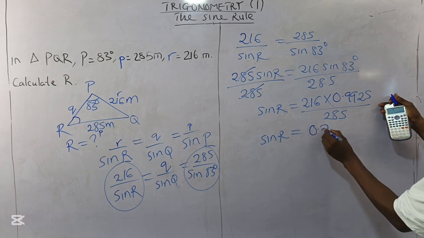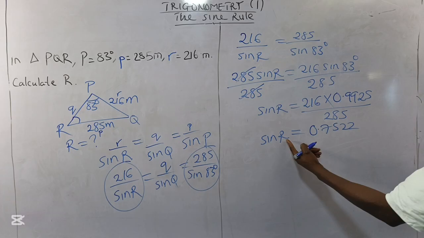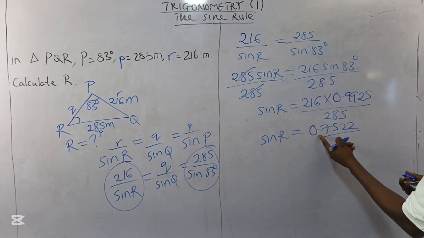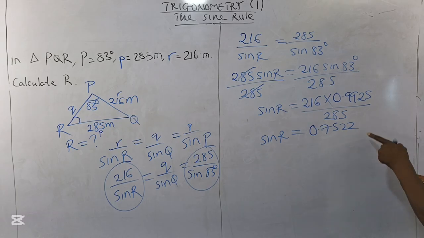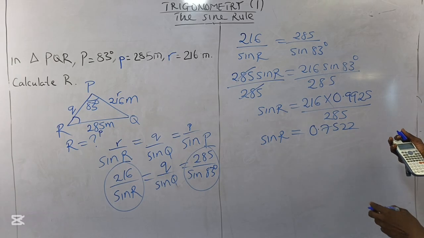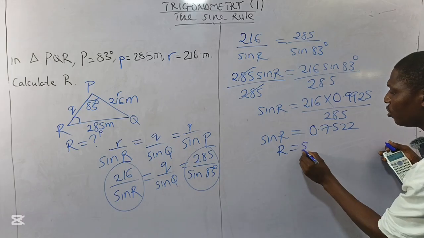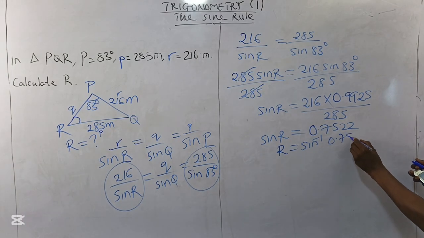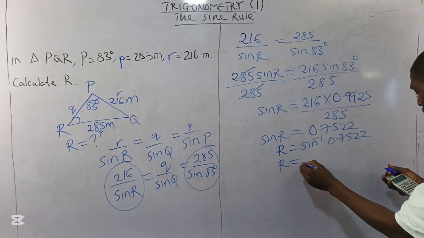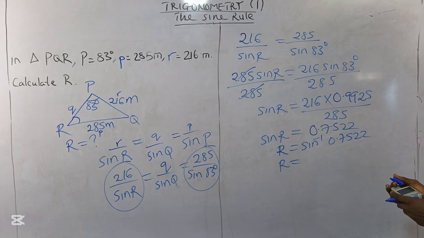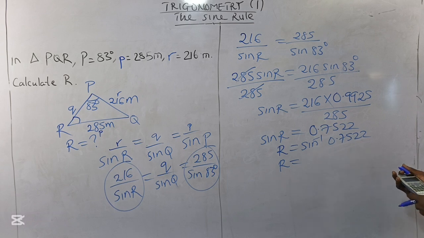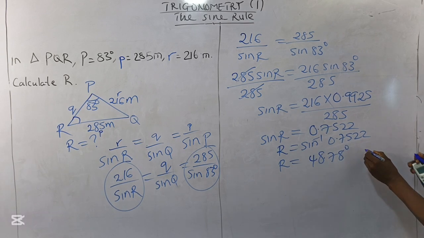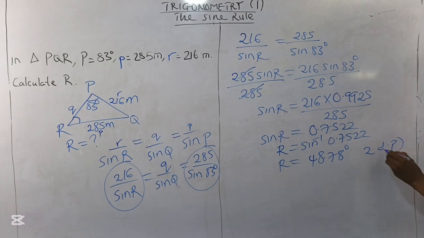And take note, whenever you are using the sine rule, the value you get for sine R must be less than 1. If it's equal to 1, such an expression can never exist. So R equals sine inverse, some call it arc function, of 0.7522. You simply press shift sine before you press this value, and that will give me 48.78 degrees to 2 decimal places.